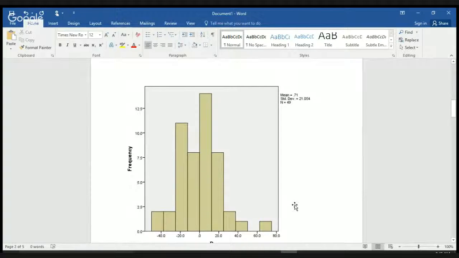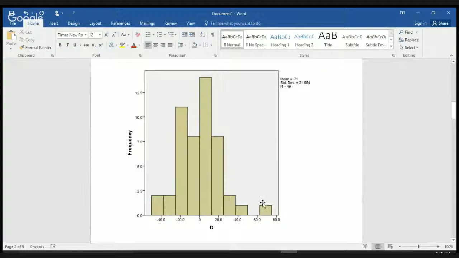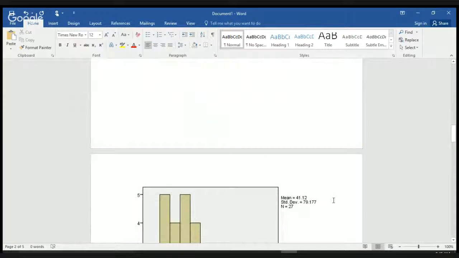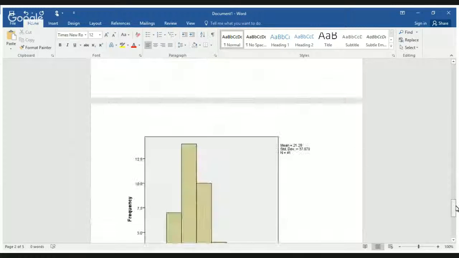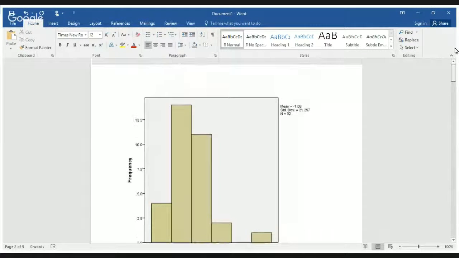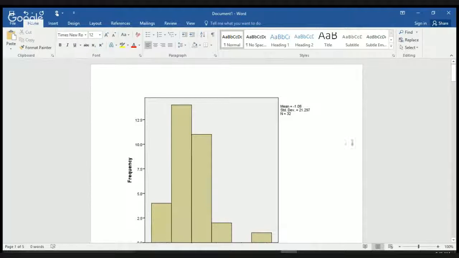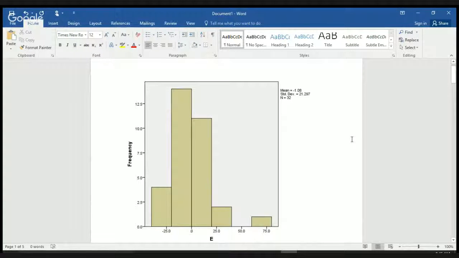No, B is still pretty bell. That was D, sorry. I pasted them backwards. Go all the way to E, please. Yeah, E is right skew. I just had to look at it again because I wrote it down and then wondered which one that was.